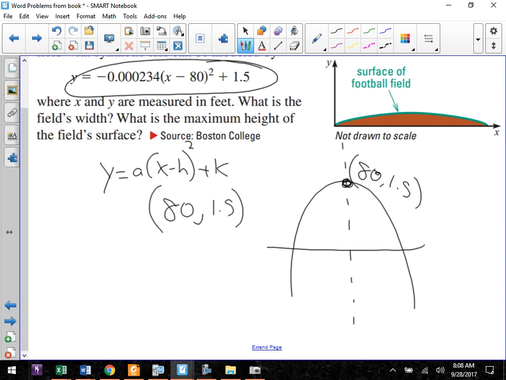No. So no matter what, the distance from this spot to the midpoint and the distance from this spot to the midpoint are both going to be equal to what? Well, if 80 is the middle, how much is it from 0 to 80?